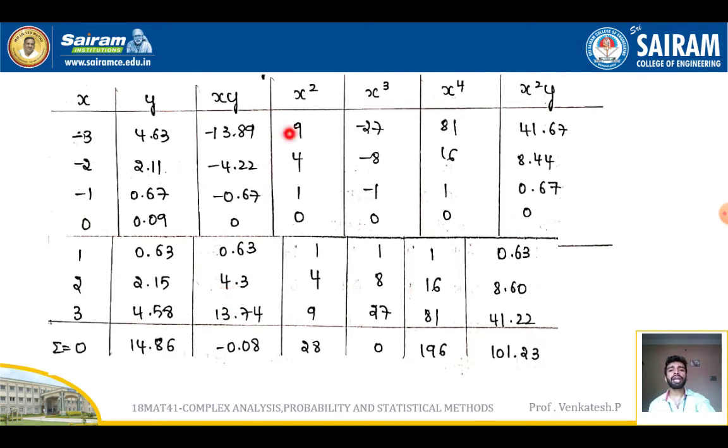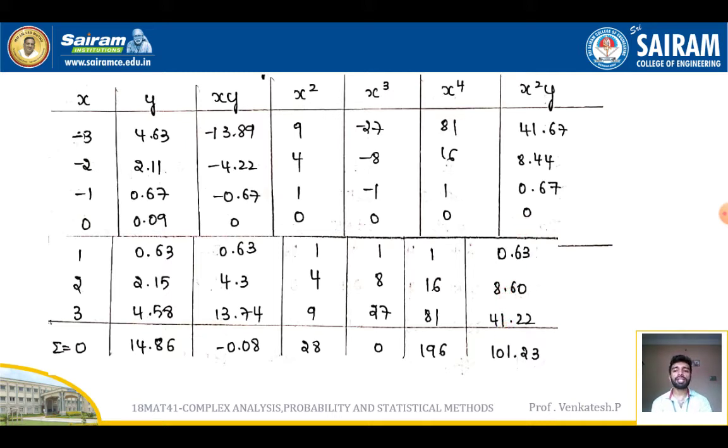X square is 9, 4, 1, 0, 1, 4, 9. X cube is minus 27, minus 8, minus 1, 0, 1, 8, 27. X power 4 is 81, 16, 1, 0, 1, 16, 81. X square y is 14.167, 8.44, 0.67, 0, 0.63, 8.60, 41.22.